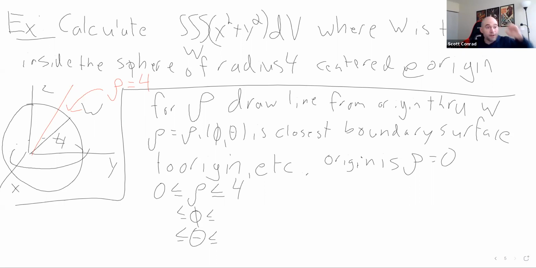Okay, so for phi, remember I said I like to think of phi as starting on the positive z-axis and taking the cone and opening it up. So at phi equals 0, you're at the positive z-axis, opening it up until you hit pi on the negative z-axis. If you have points on the positive z-axis, phi is bounded below by 0. Right, so phi equals 0 is the positive z-axis.